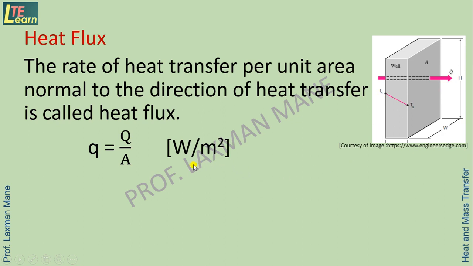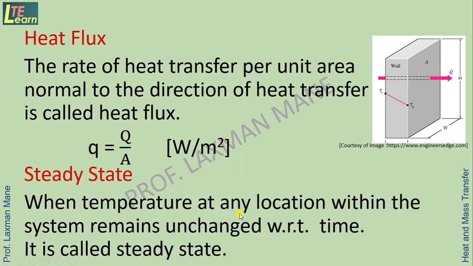Unit of heat flux is watt per meter square. Steady state: when temperature at any location within the system remains unchanged with respect to time, it is called steady state.